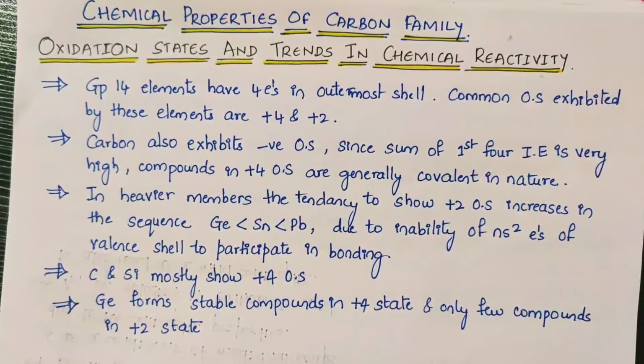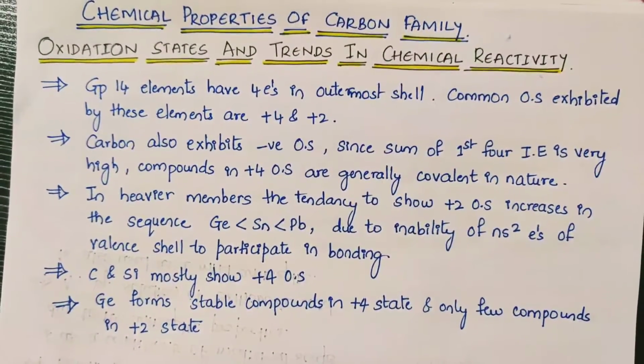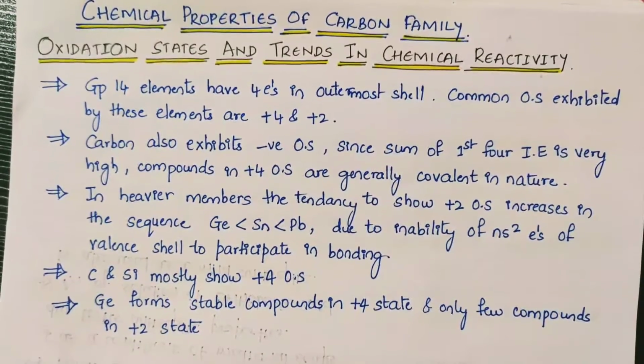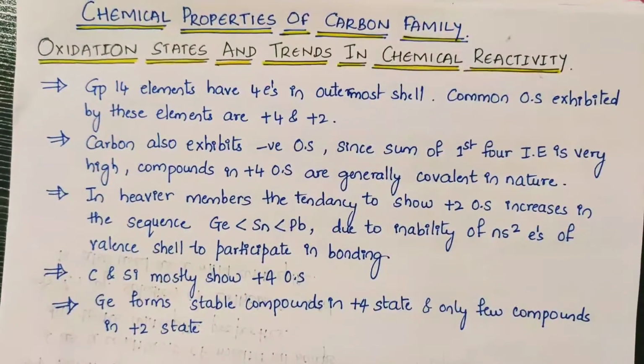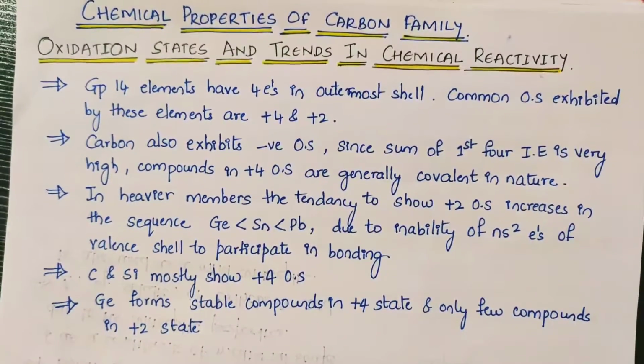For example, SnCl2 is ionic, where Sn has an oxidation state of +2, whereas SnCl4 is covalent because the oxidation state of tin is +4 there. So compounds showing +4 will be covalent, and if +2, they will be ionic.